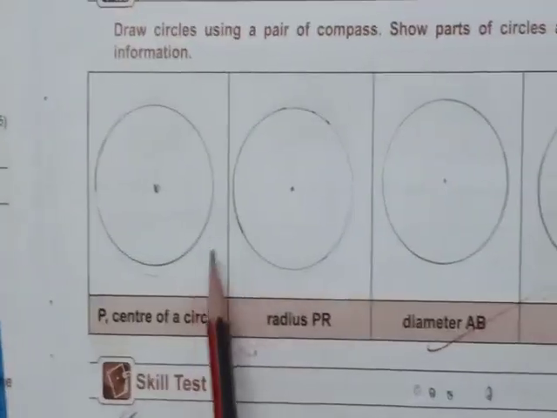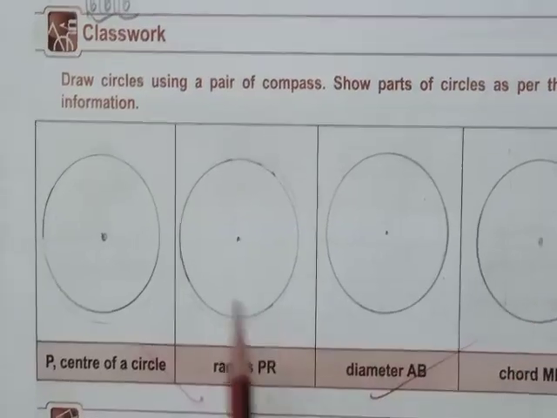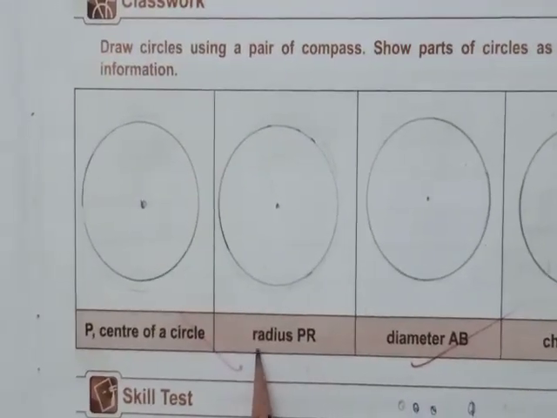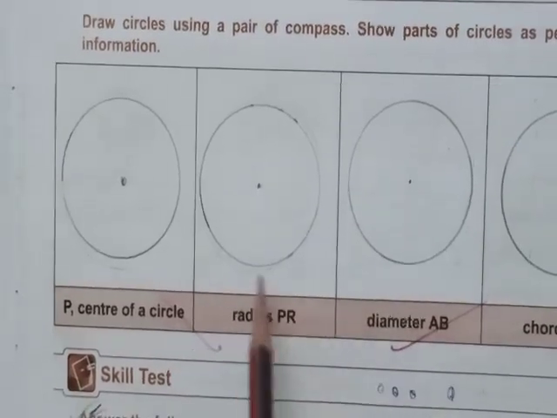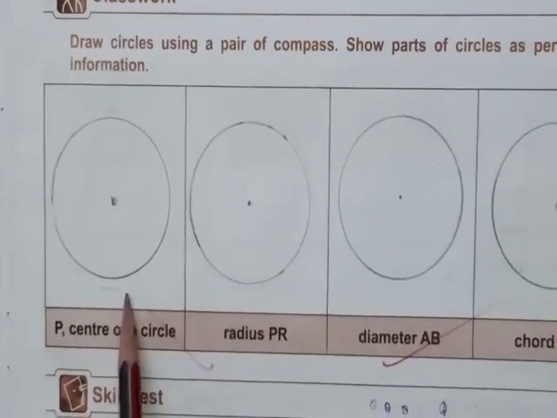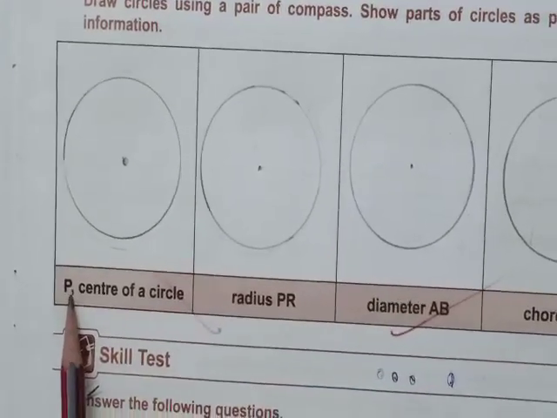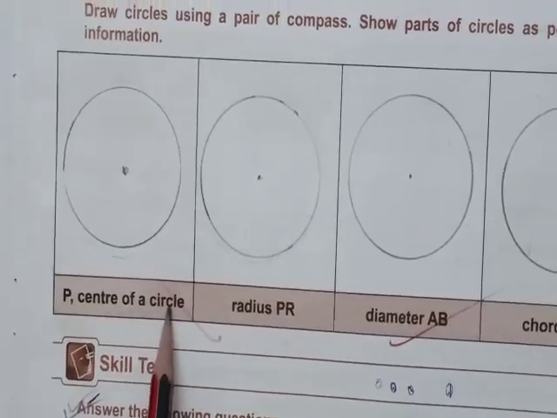Now the circles are drawn here. We have to show the parts of the circles as per the given information. So here the information given is P, center of a circle.